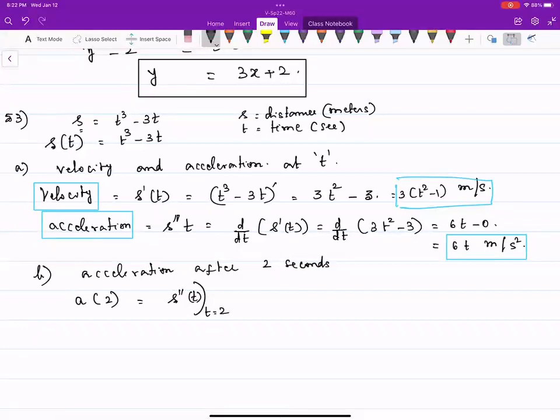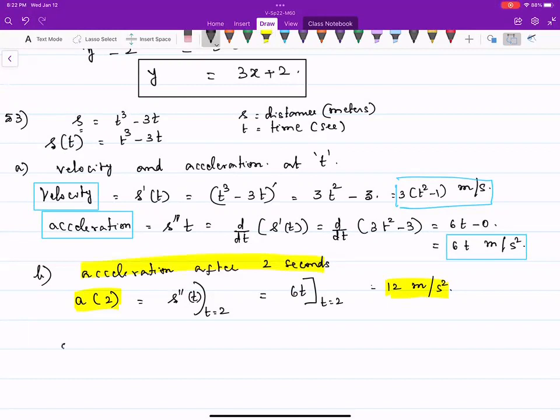What is the acceleration in terms of t from part A? It is 6t. 6t when t equal to 2, that will be 6 times 2, which is 12 meters per second squared. That is the acceleration after 2 seconds.